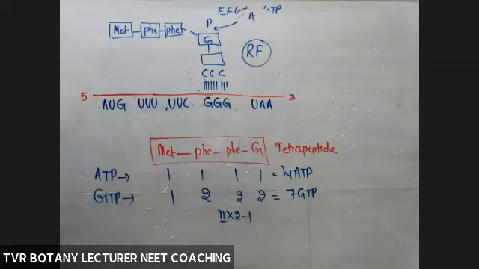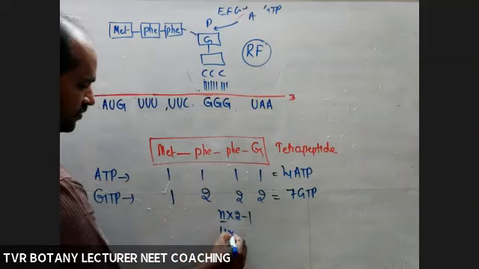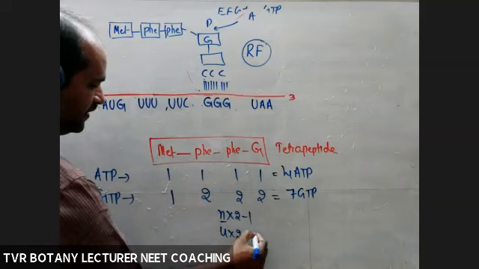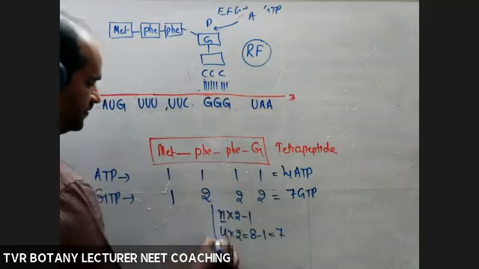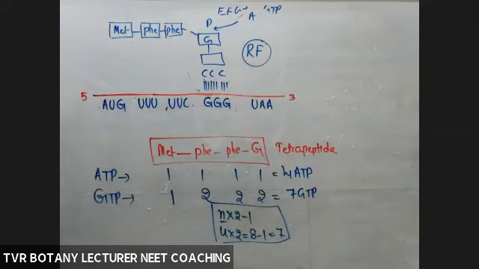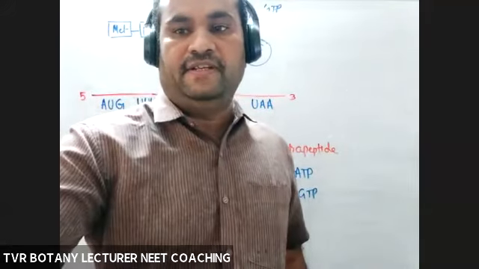What about the number of amino acids? 1, 2, 3, 4. 4 into 2 is 8, minus 1 is 7. Use this formula. So that is about the mechanism of translation. Is it clear?